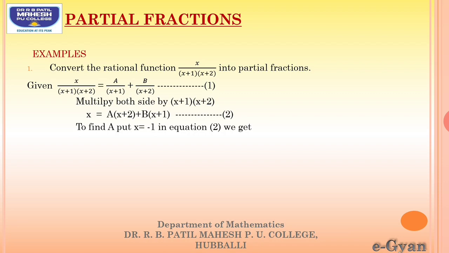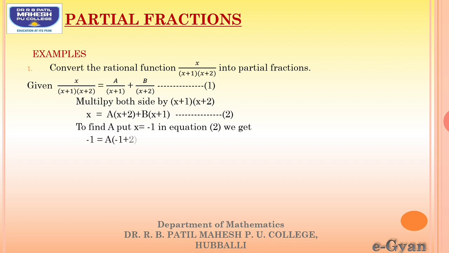For what value of x will the second part be 0? b into (x plus 1) is there. If you substitute x equal to minus 1, then minus 1 plus 1 gives 0.